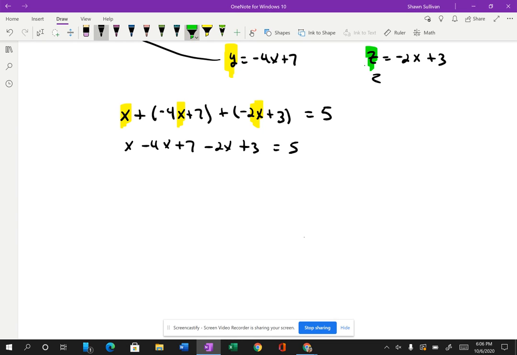We can combine some like terms here. We've got x minus 4x, so that would be minus 3x. And then minus 3x minus 2 more x's would be minus 5x. And for our constants, we have 7 plus 3 is 10.